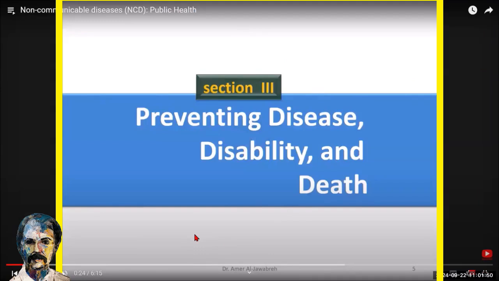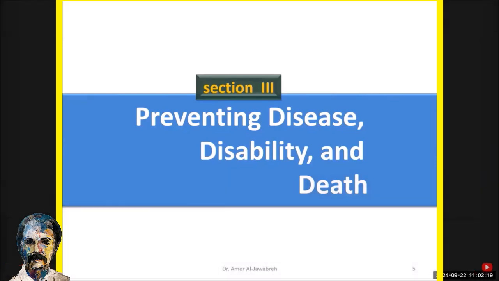This chapter, NCD, and the previous chapter, CDs, and another chapter about environmental diseases are under one section in the book called Preventing the 3Ds: Preventing Disease, Disability, and Death. We already finished CDs. Now we go to NCDs.